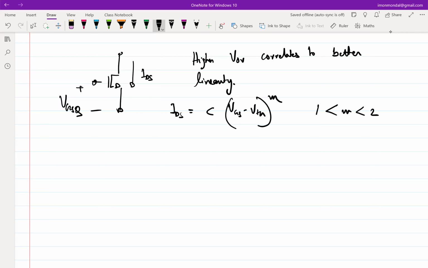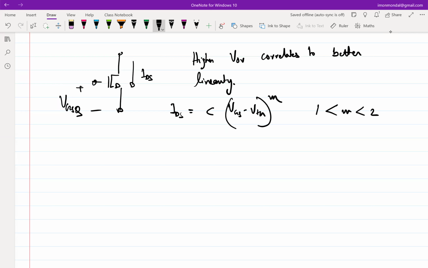If you differentiate it thrice, you are going to get (VGS minus VTH) to the power (m minus 3), right? So you will see that even when we want to reduce that, you would like to maximize the overdrive voltage, right?